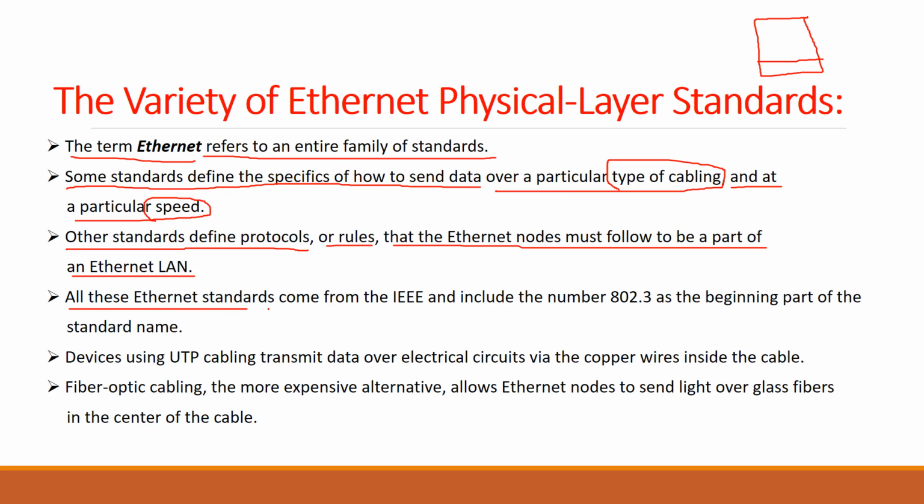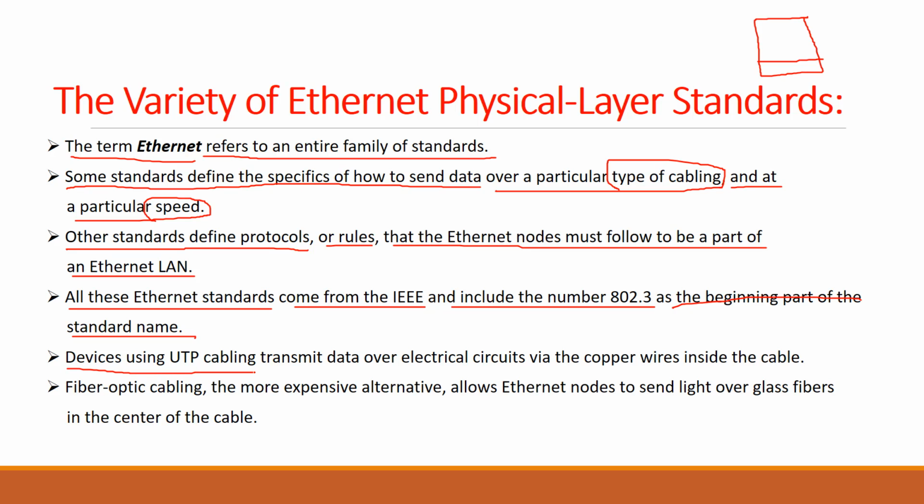All these Ethernet standards come from the IEEE, as we mentioned, and include the number 802.3 as the beginning part of the standard name. And later we will see a lot of these standards in a table so we can identify each one of them.